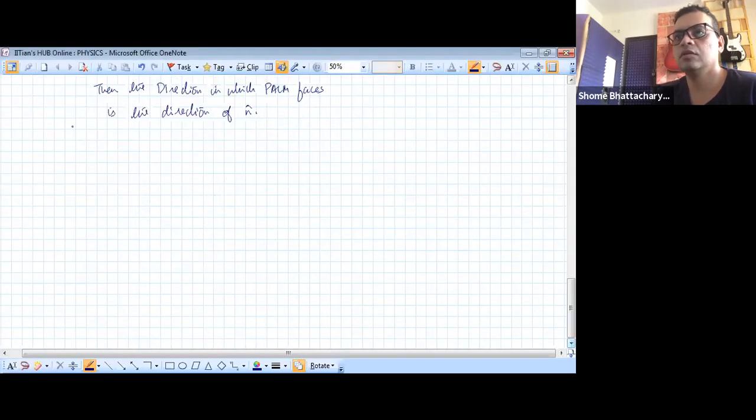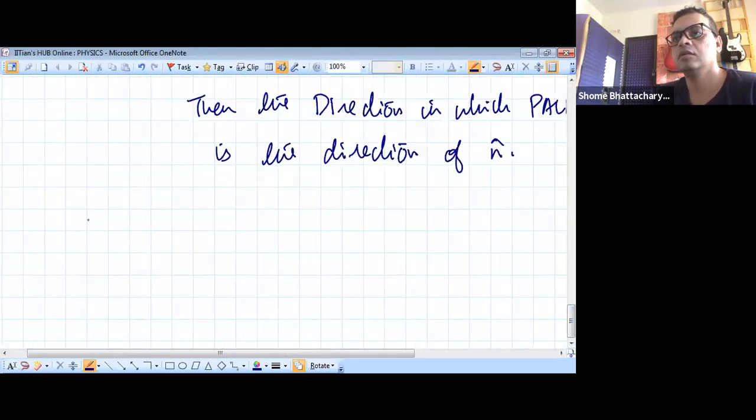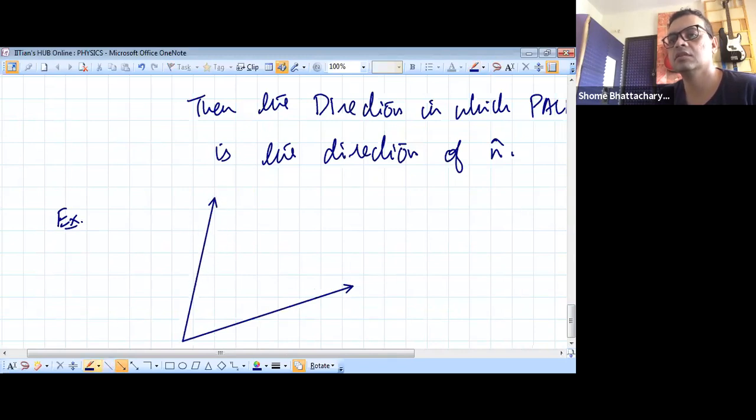So coming back to this example now. For example, when I had this situation that A was like this and B was like this, as we had seen last time also, you place your thumb in the direction of A and your fingers in the direction of B. You see your palm is facing outwards.